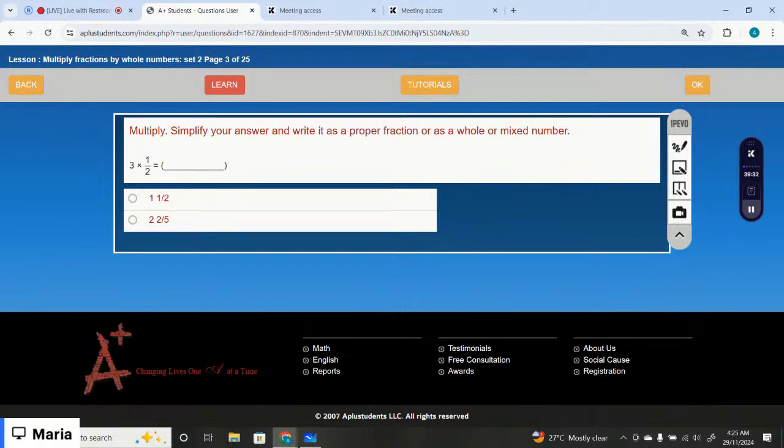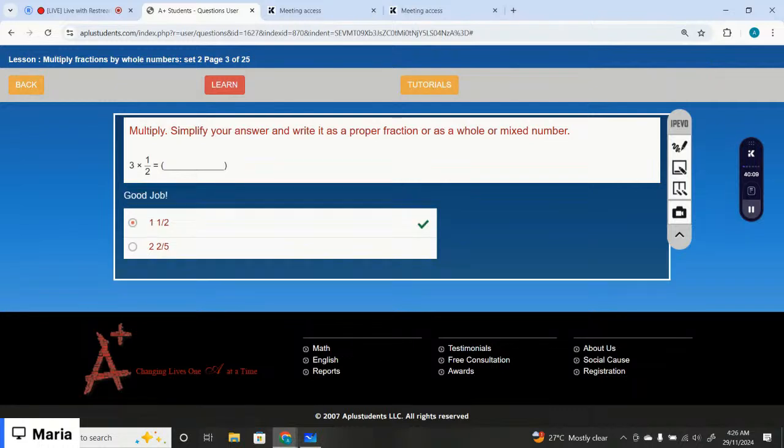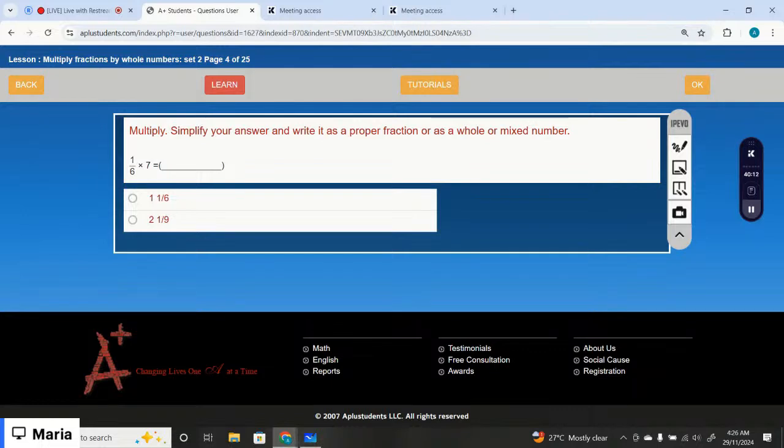3 times 1 by 2. 3 times 1 by 2 is option number 1, that is 1 whole 1 over 2. 1 by 6 times 7, which is the correct option?